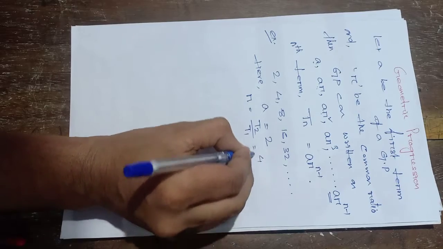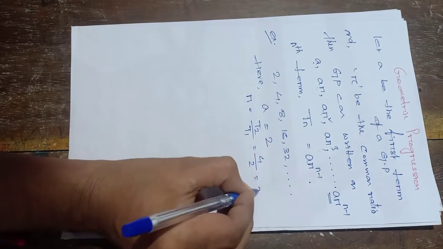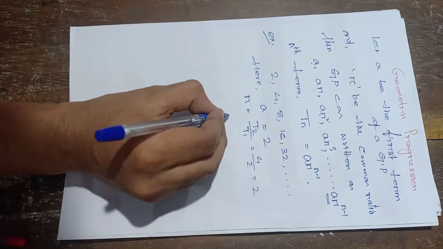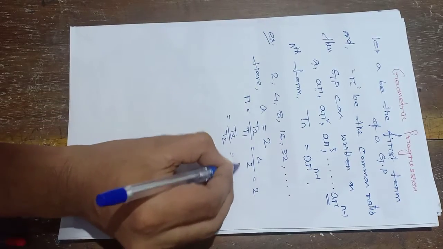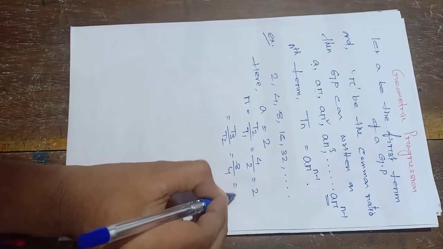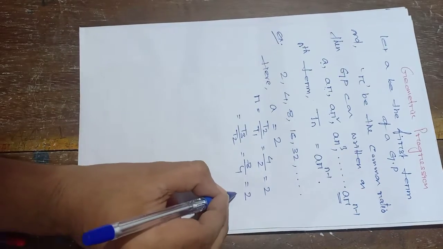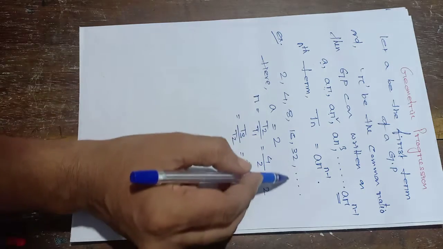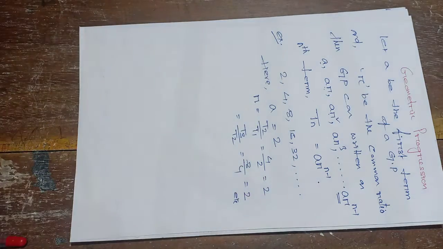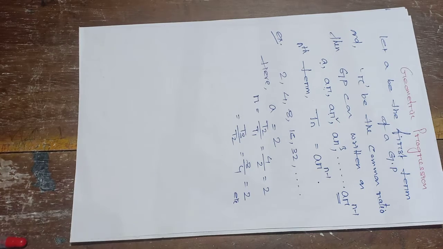T2 is 4 and T1 is 2, so it is 2. Similarly, T3 by T2 is 8 by 4, which is also 2. So you can see that r is the common ratio of this progression. So this is an example of geometric progression.